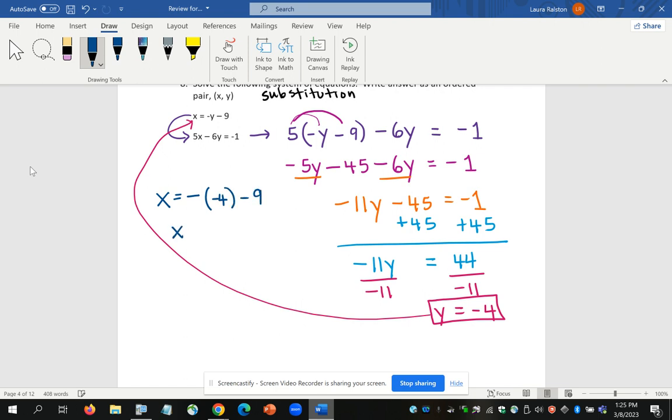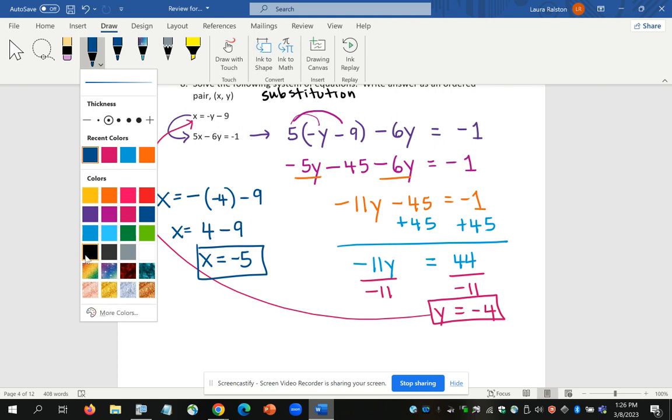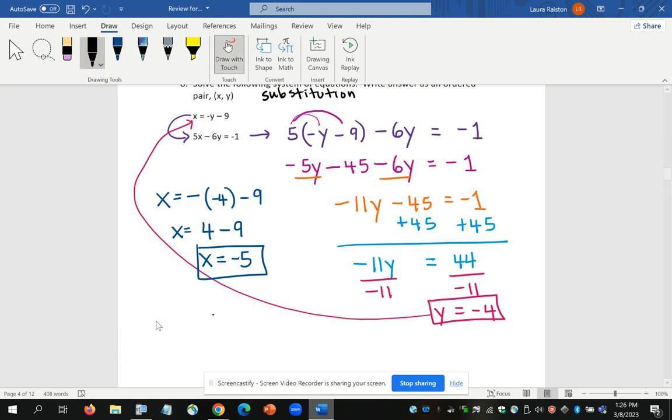Well, minus a minus makes it a positive, so I have x equals 4 minus 9, so x is negative 5. Now guys, if you're not good with subtraction of positive and negative numbers, please use the calculator. But my ultimate answer here in ordered pair form would be negative 5, negative 4.